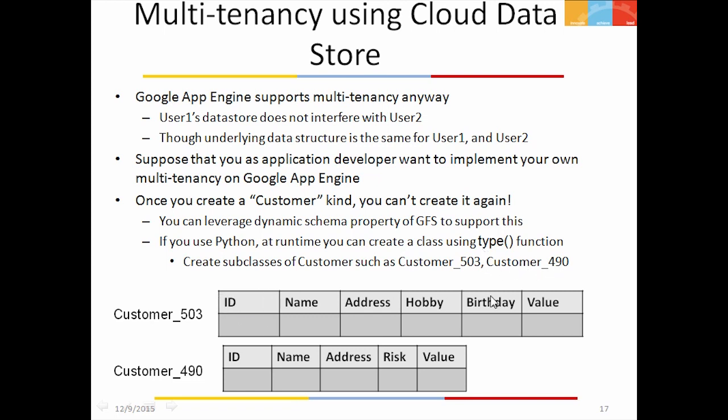You can create this kind of schema for customer 503, and this kind of schema for customer 490, and then these schemas can be used for storing values related to organization 503, or values related to organization 490.